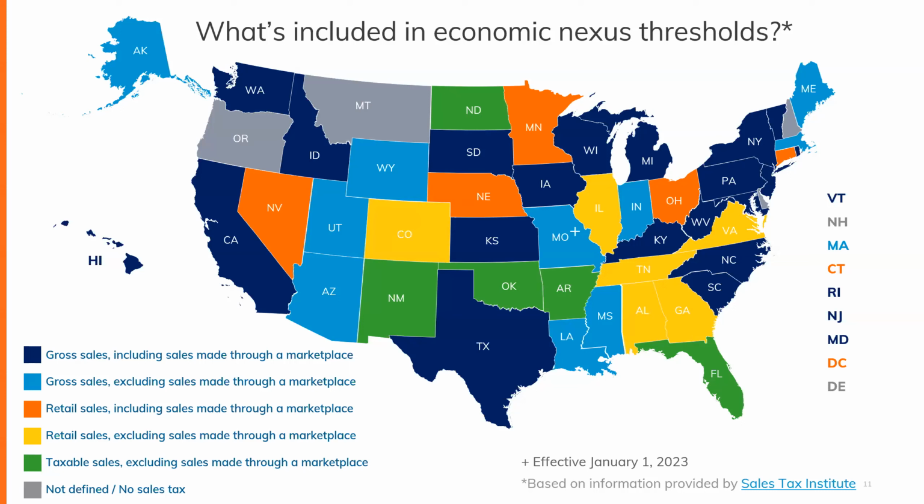Some are just going to be taxable sales, excluding sales made through a marketplace. So not only are we looking at different thresholds of revenue, but potentially different types of revenue we have to account for. And the reason we make this point, as these laws continue to change, there's a fair amount for you to manage in your industry to make sure you're staying compliant in areas where you don't have a physical nexus and already a physical tax obligation.